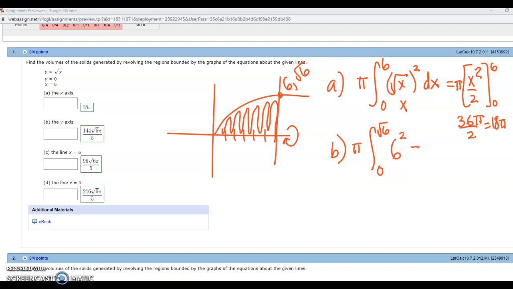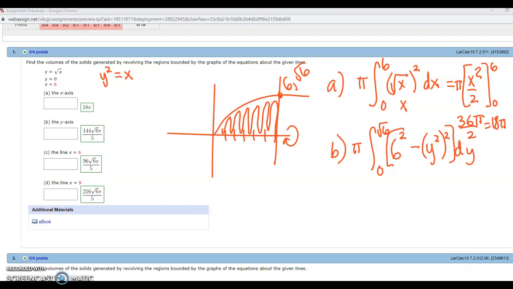Minus the little r. But it's a function of x right now. I need it to be a function of y. So I have y squared equals x. So it's y squared, squared. What is my number? Okay, so this one, again, it won't let you just put it in a calculator.